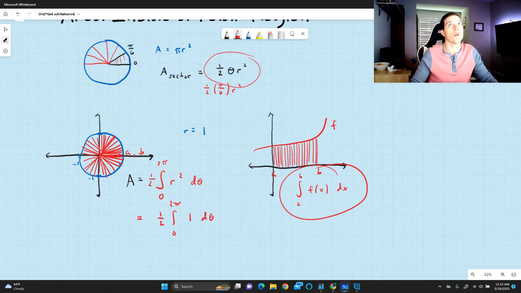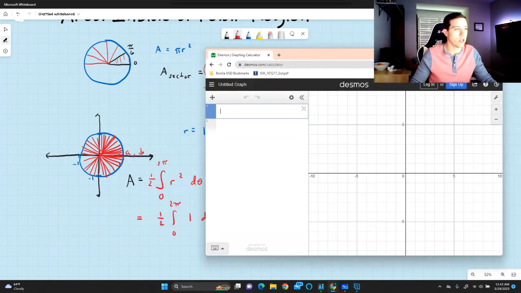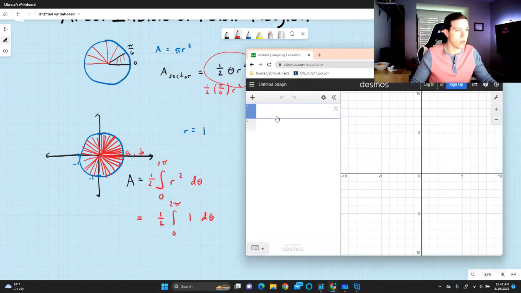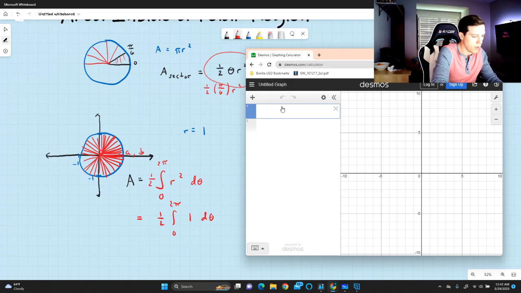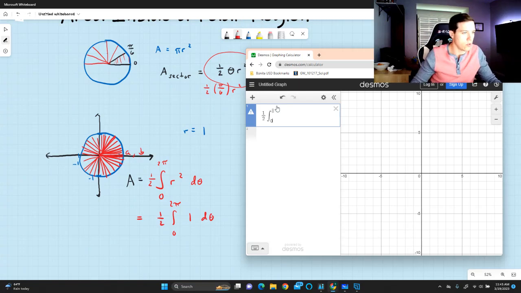So if we pull up Desmos and accumulate this and let Desmos do our calculations, we're going to use Desmos for this until I show you how to do it on the calculator. But it's 1/2 integral, 0 to 2 pi.